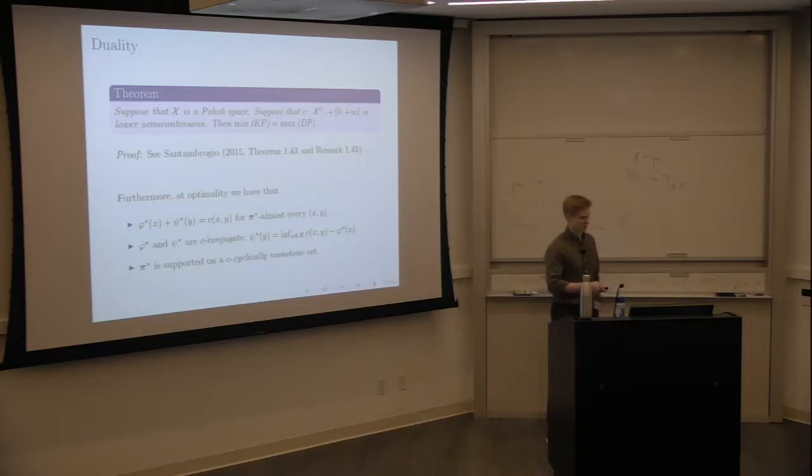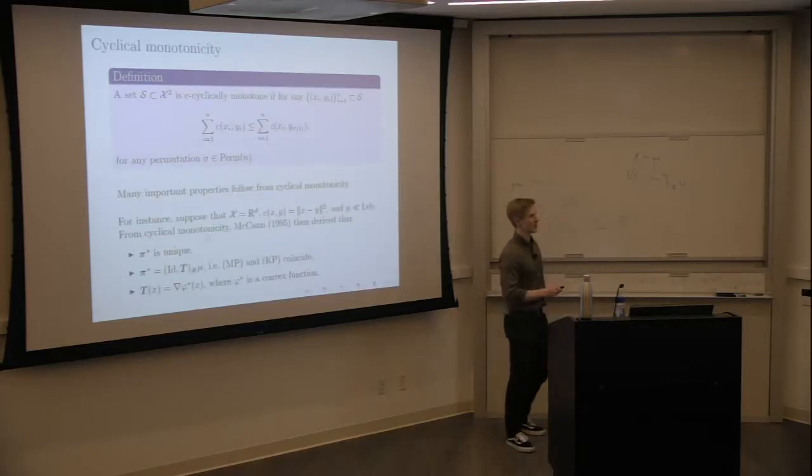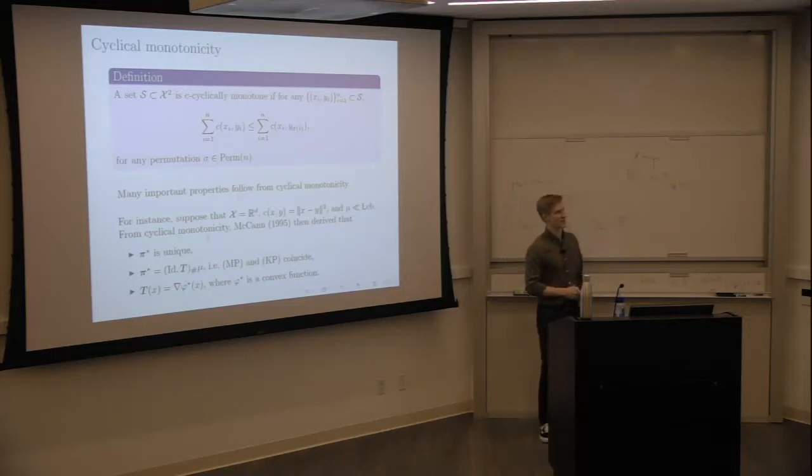And this concept was very confusing to me for a long time. Turns out that it's one of the most important definitions that underlie the study of optimal transport, so it's worthwhile dwelling on it for one slide. So the definition of a C-cyclically monotone set is that for any finite subset S of that set, you cannot improve the cost by changing the pairing of the x's and the y's.